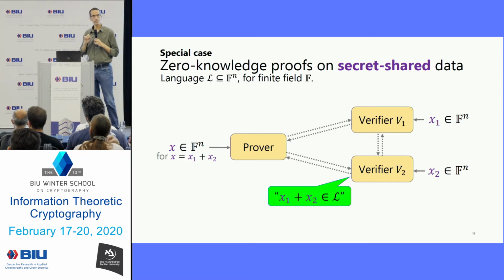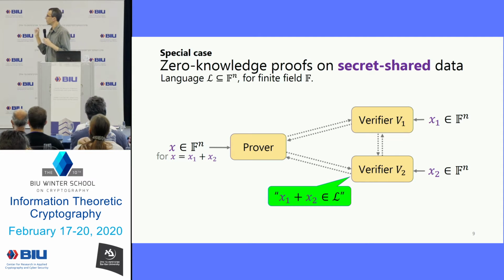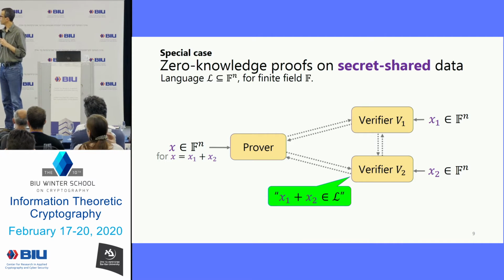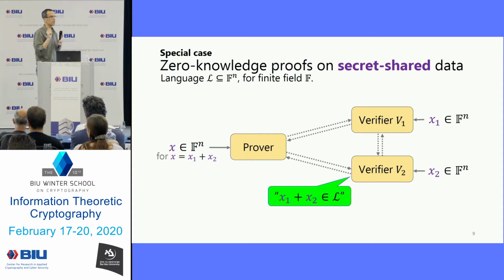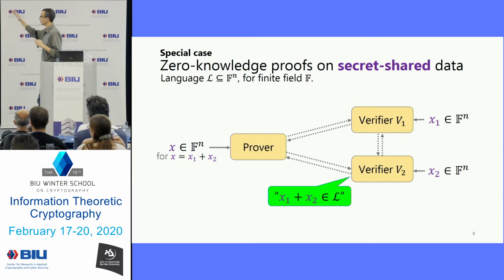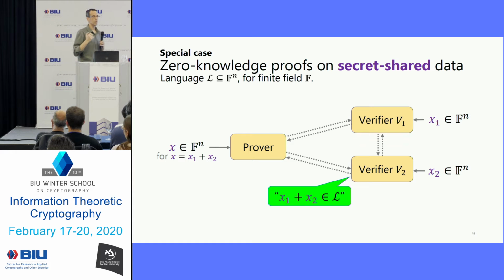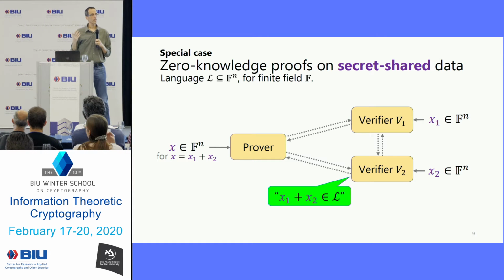The field is F, and there are n field elements together. They make up x. And x is shared, say, additively shared over this field. So the first verifier has x1, the second verifier has x2, and the sum is x. And the prover wants to prove a property of x, so that x is in some language.